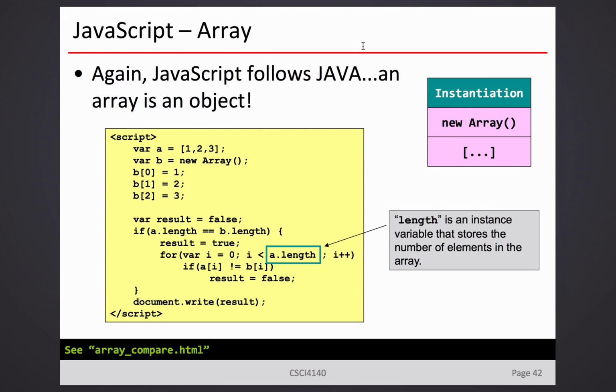So what is this? The .length property is very easy to understand, right? If you know Java, C doesn't have .length, but Java has .length. I just do this in order to compare whether A and B are identical.